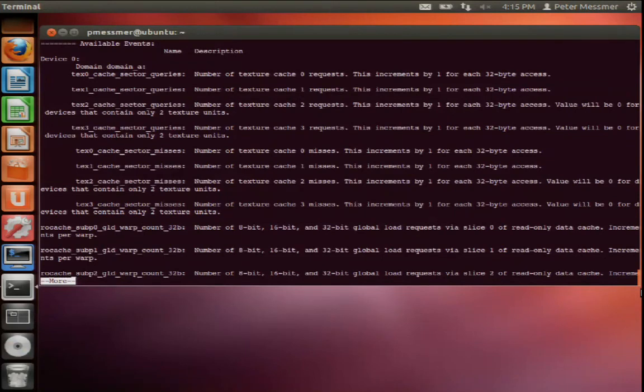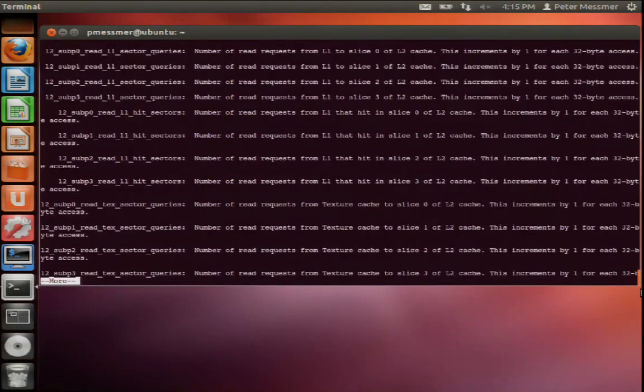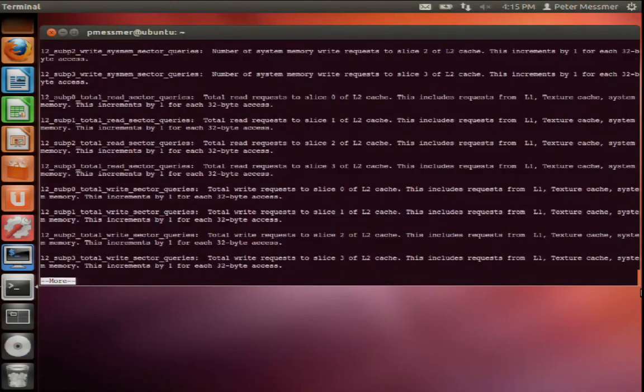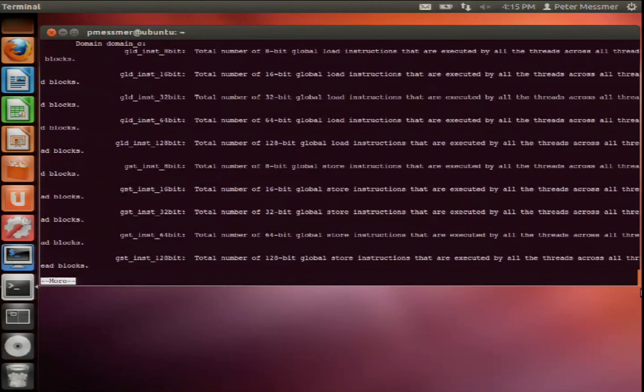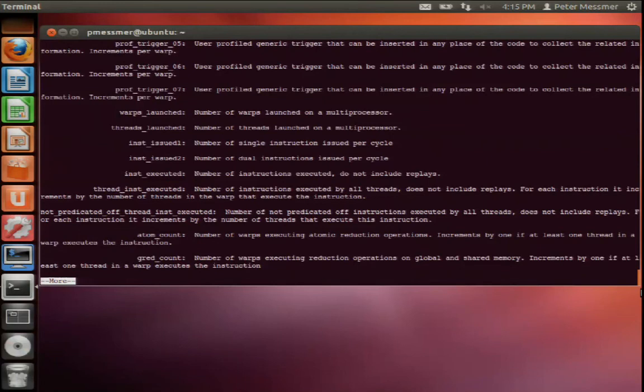We look at things like how many cache hits we have, cache misses, how many instructions were executed, instructions launched and issued. For instance, we mentioned the effect of non-coalesced memory access.